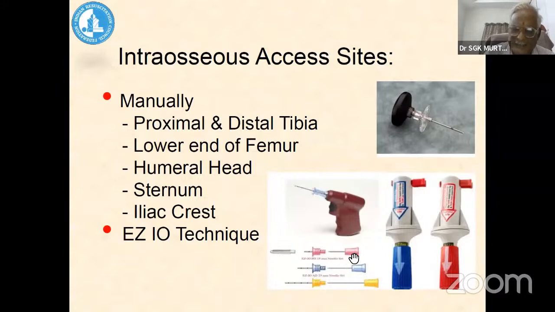There are 3 sizes: this is the pediatric size, this is the adult size, and this is the extra large size. We use this for the upper end of the humerus cannulation.